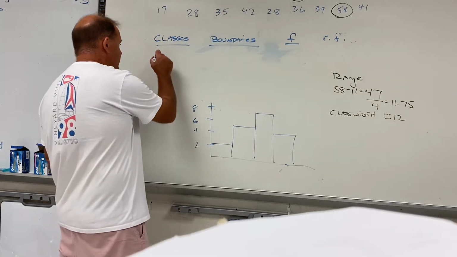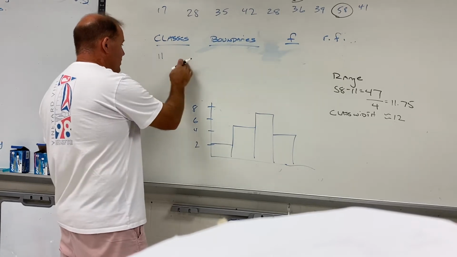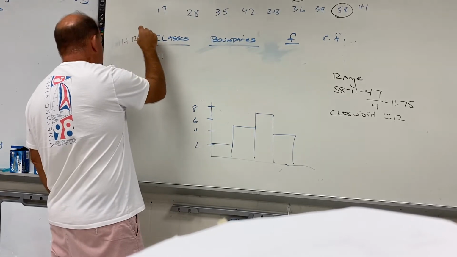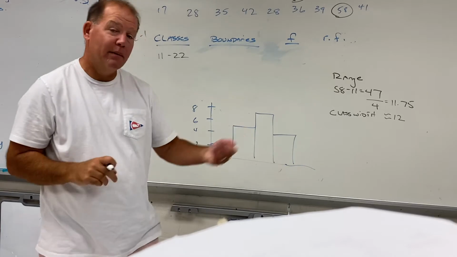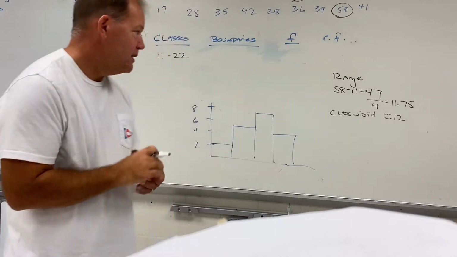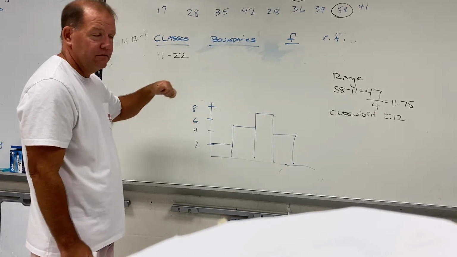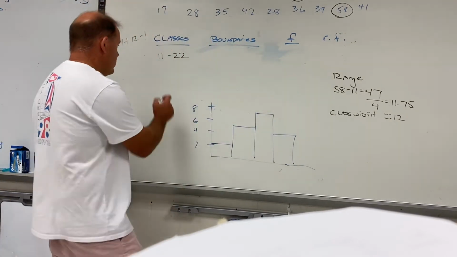If I start with that smallest number, 11 plus 12 minus 1 is going to be 22. The reason we subtract 1 is because we're counting 11. If you count on your fingers 11 to 22, that's 12 values.